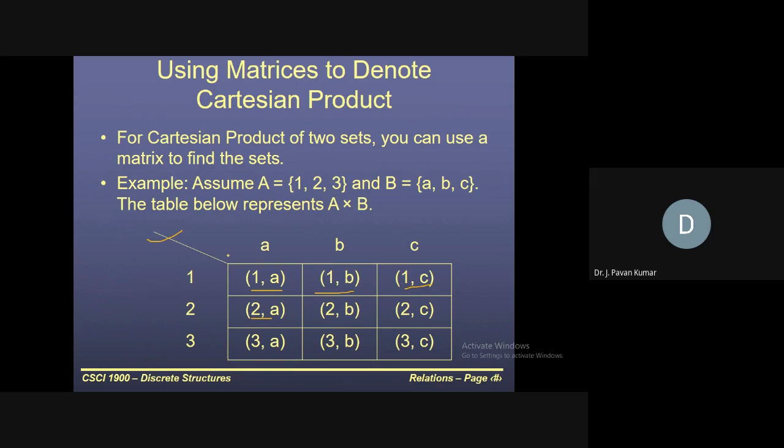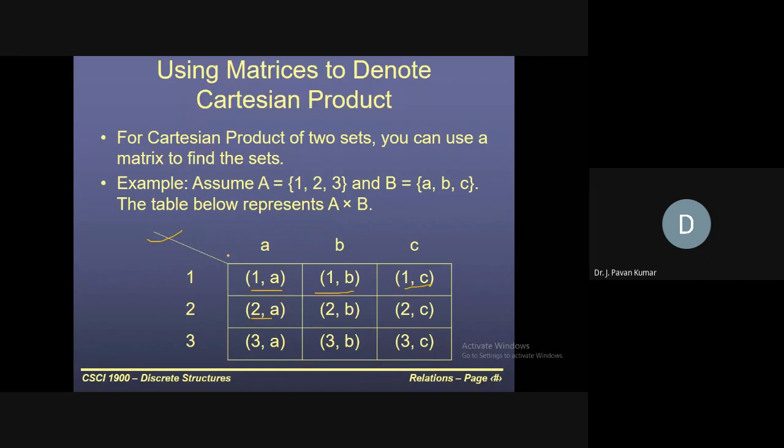Okay. Now from this particular Cartesian product, this is an important point, try to understand. From this Cartesian product, that is, all the possible combinations, we will be considering some subset. That we will call a relation.